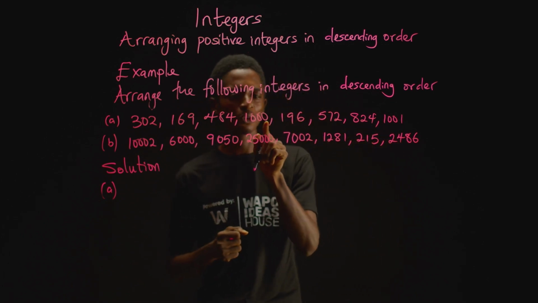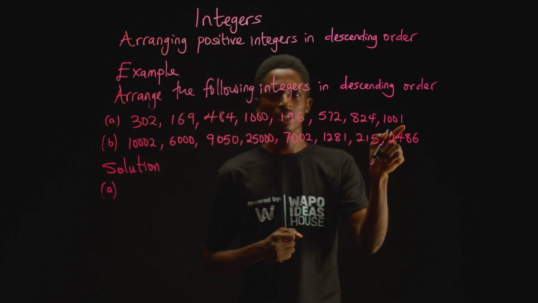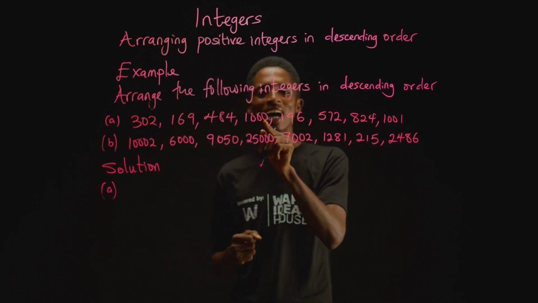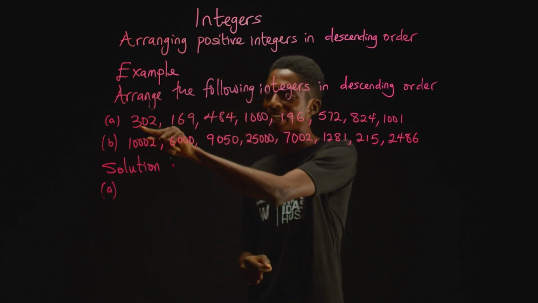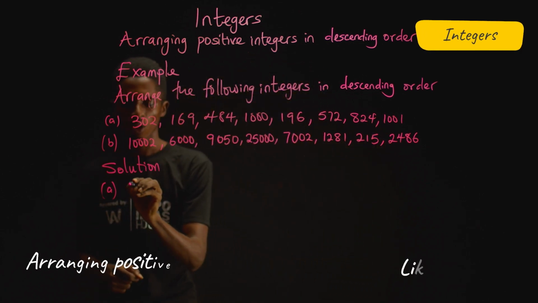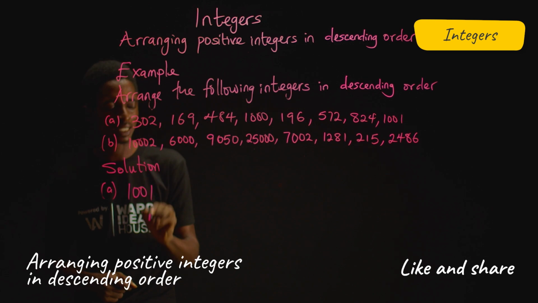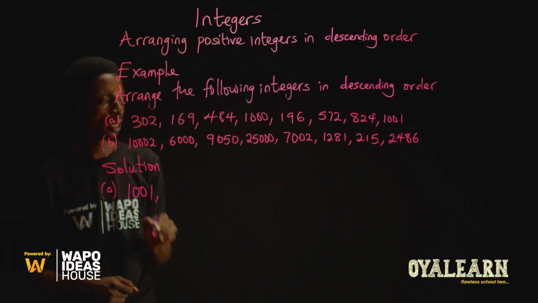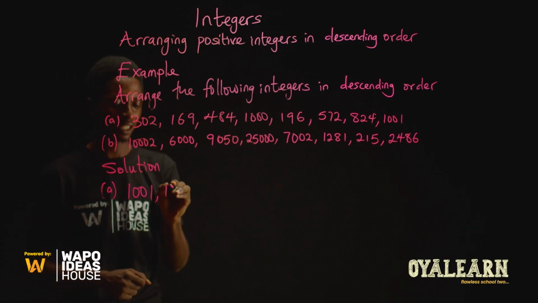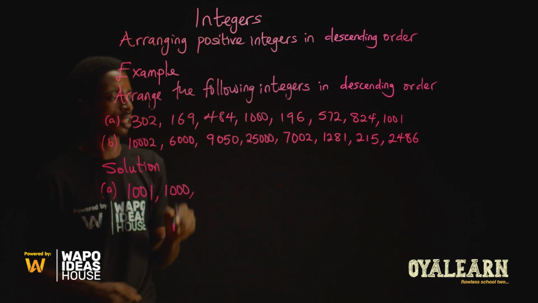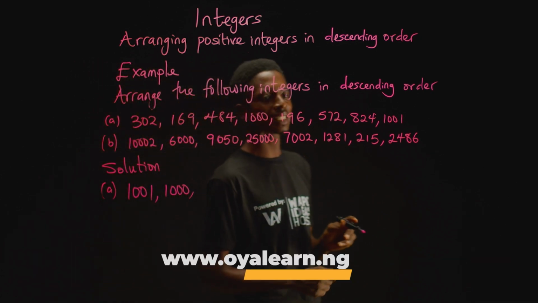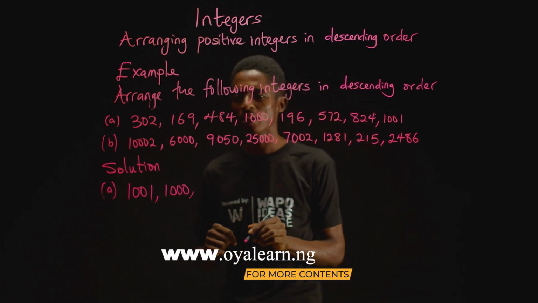Here we have 0 and here we have 1. And 1 is greater than 0. So the biggest number in this set of numbers is 1001. And followed by the number 1000. Now we will consider the 3-digit numbers that we have here.